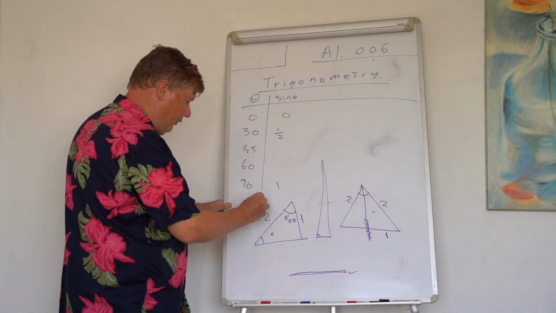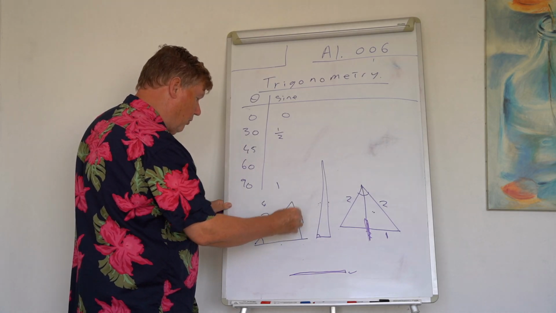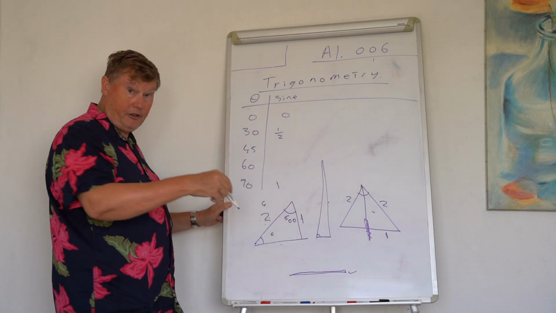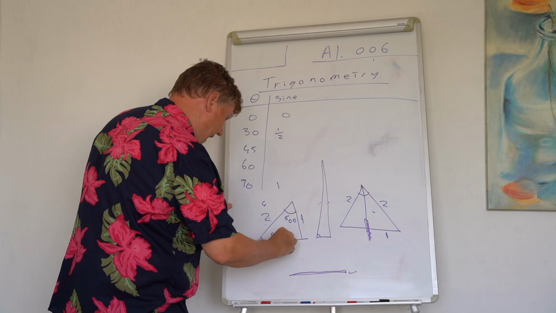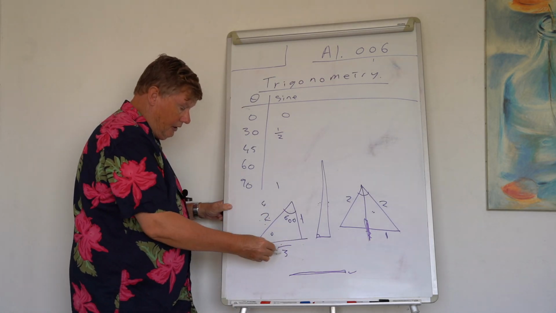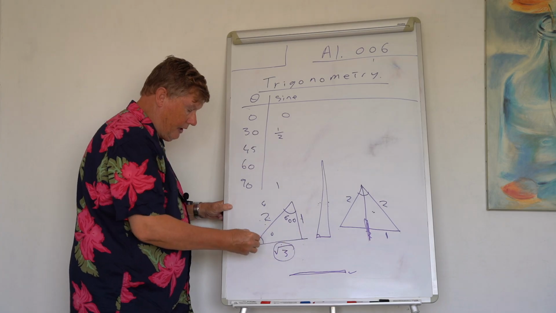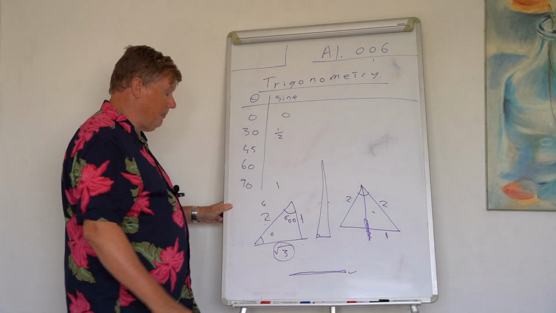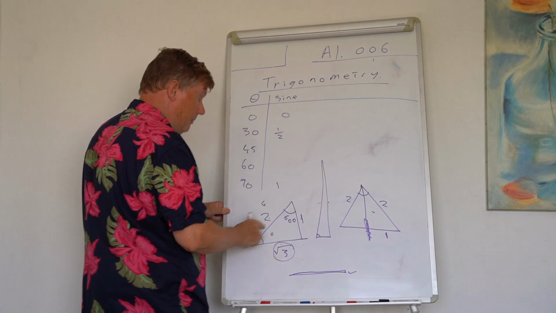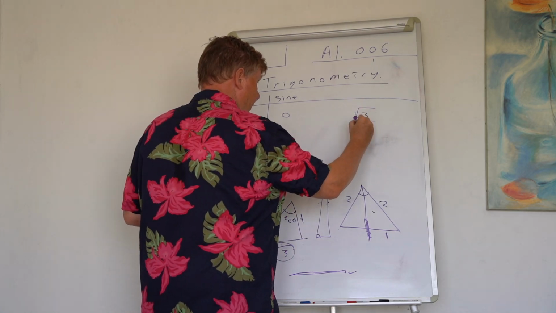So 2 squared is 4. 1 squared is 1. 4 take away 1 is 3. So that is the square root of 3. If that side was 2, that would be the square root of 3 from there to there. So what would the sine be? The sine of 60 would be that divided by 2, square root of 3 over 2.